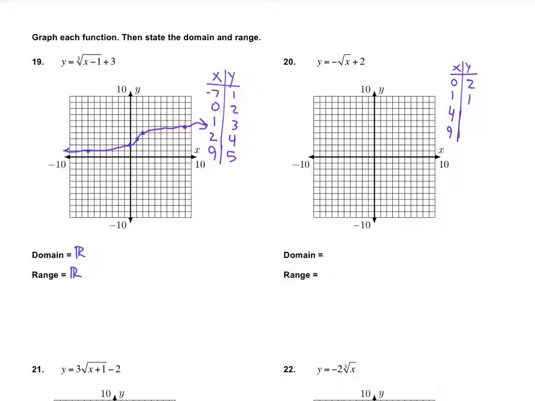Square root of 4 is 2, times negative 1 is negative 2, plus 2 is 0. And then square root of 9 is 3. That becomes negative 3, plus 2 is negative 1. So 0, 2, 1, 1, 4, 0, and 9, negative 1. We won't have any negative numbers for x, since you cannot take the square root of a negative. The domain starts at 0 and goes to infinity, and the range starts at negative infinity and goes to 2.